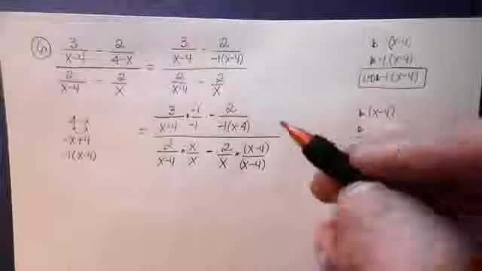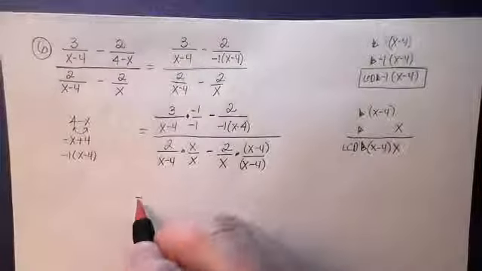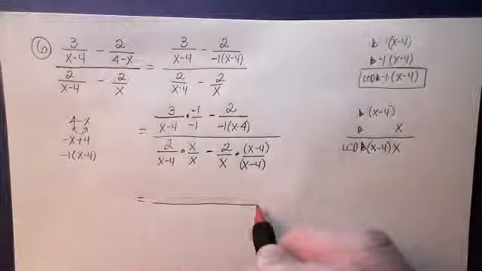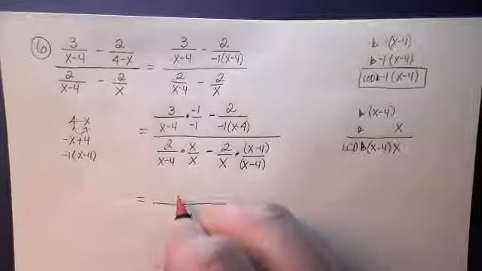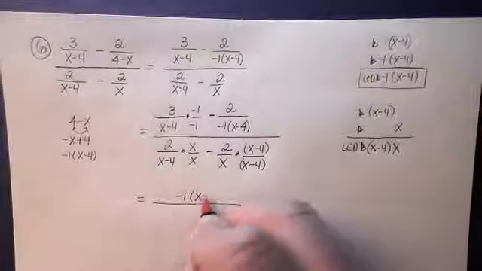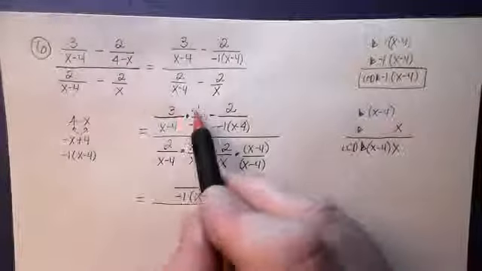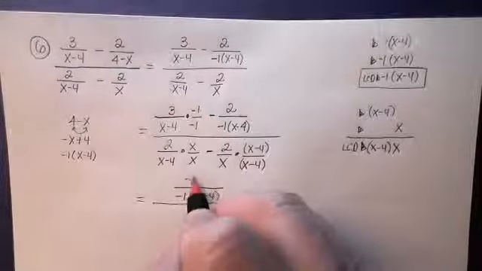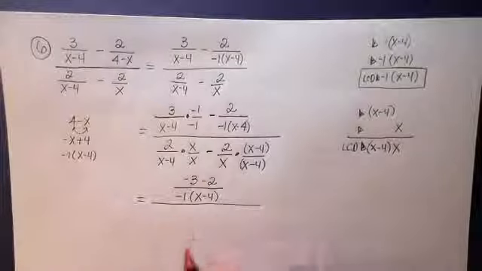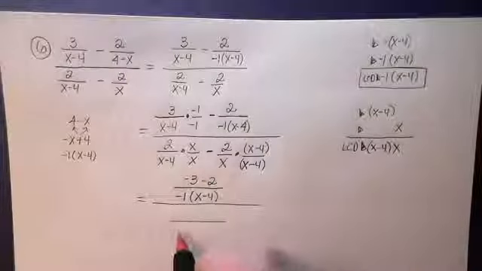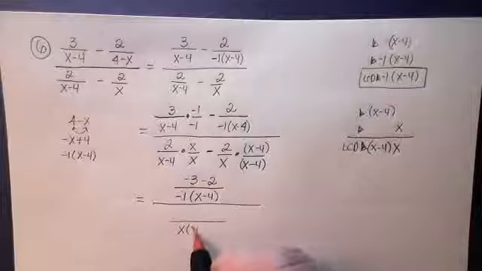Alright, so on the very top, we have a common denominator of negative 1 x minus 4. And on the top, I have 3 times negative 1 is negative 3, minus 2. On the bottom, I have a common denominator of x, x minus 4.